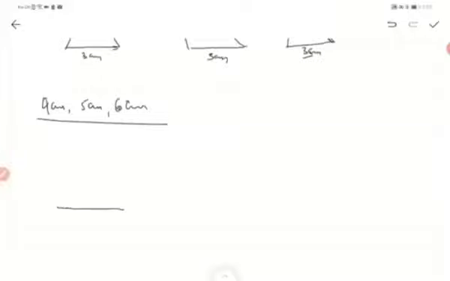It is given that you need to take the base as 5 centimeter, okay. So I have taken the base as 5 centimeter and from this point I can draw a triangle by taking 4 centimeters as an arc. From here I take a compass and put an arc, and from this point I will take 6 centimeters, somewhere it will cut here, so this becomes 4 centimeter and this will become 6 centimeter, okay.